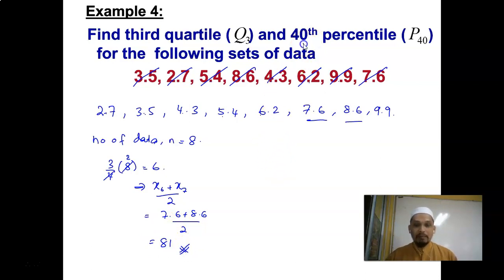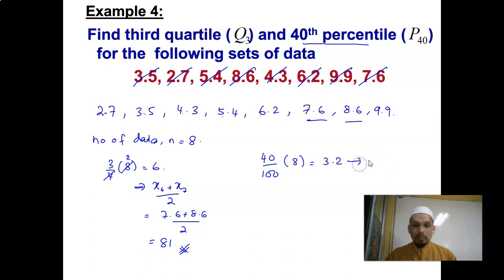Okay, and the 40th percentile, 40 over 100 multiplied with the number of data, which is 8 here, equal to 3.2.